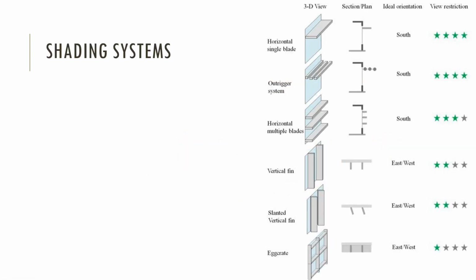On the east and west facade, you might have vertical fins, which may be simply vertical or slanted like this. Or you can also have something called an egg crate. There are other more complex systems, and you can also use, for example, meshes, but these are the principal external shading systems.